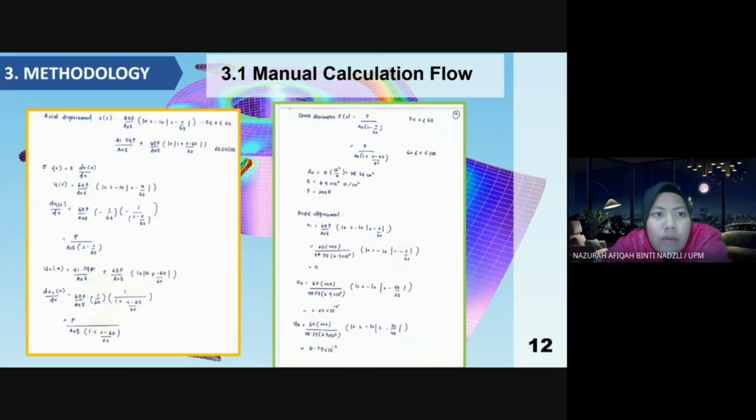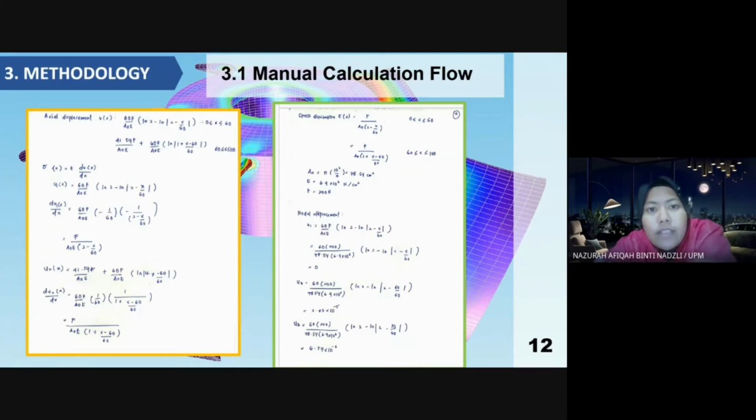Then we write it back for the range 0 to 60 and 60 to 100. Next, we calculate the stress based on the axial displacement that we get. We substitute the axial displacement into the formula, differentiating the axial displacement to get the stress. So as you can see, we get the stress for element 1, element 2, and element 3.